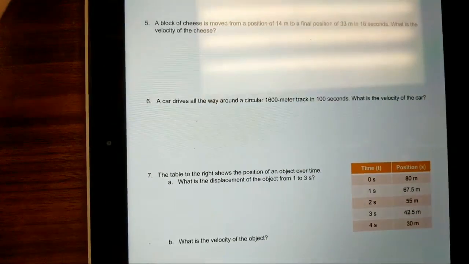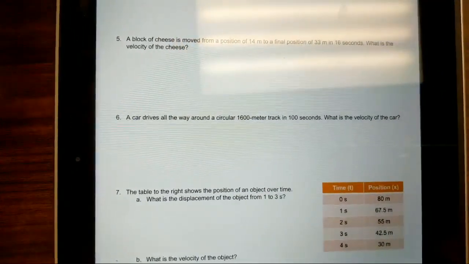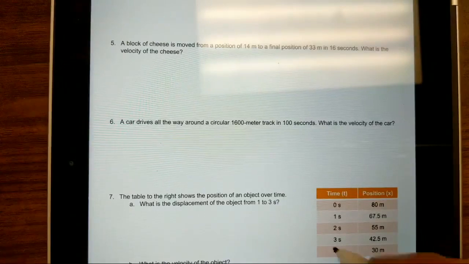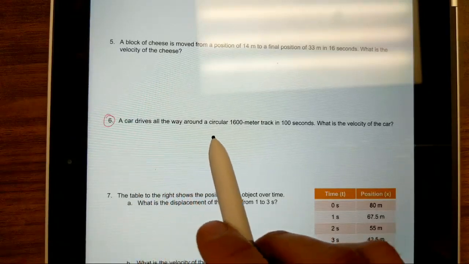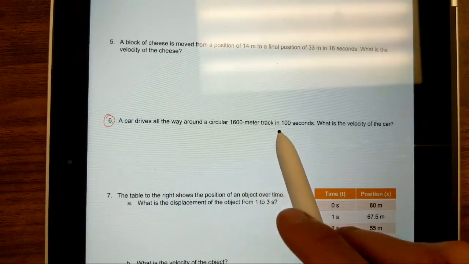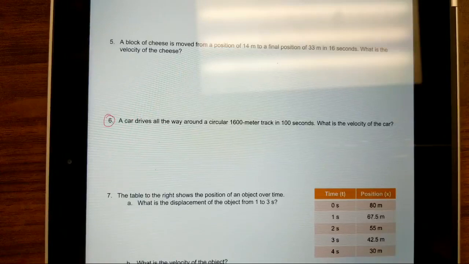There was another problem that has to do with a circular track. Problem 6 here on page 11. It says a car drives all the way around a circular 1,600-meter track in 100 seconds. What is the velocity of the car?